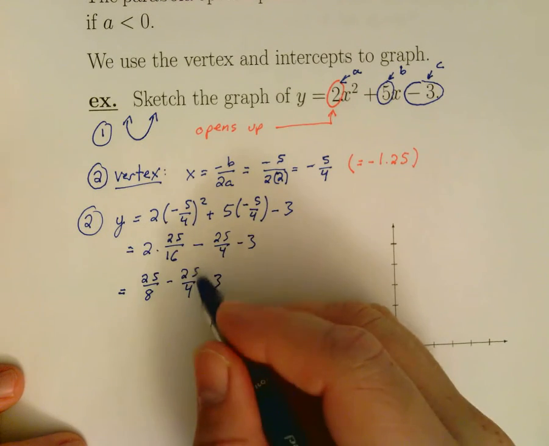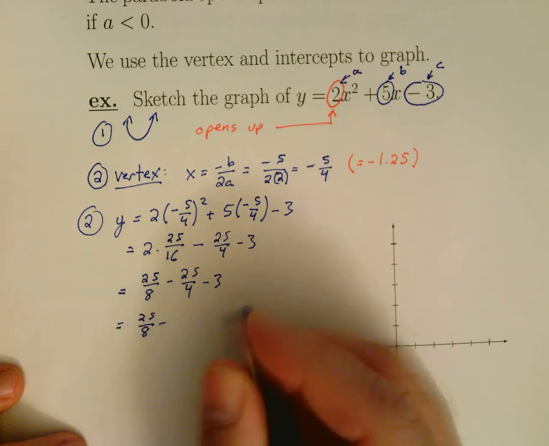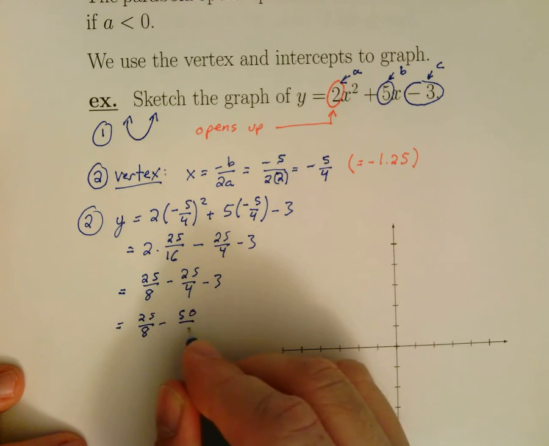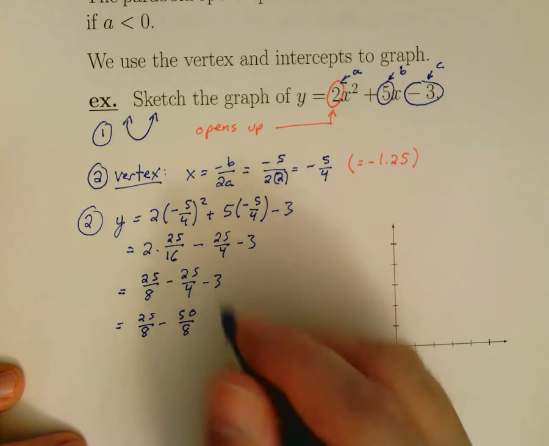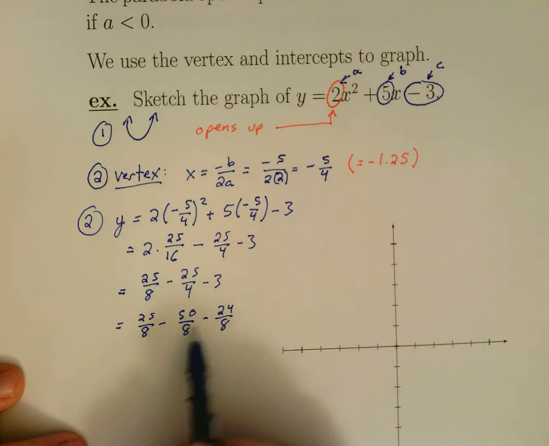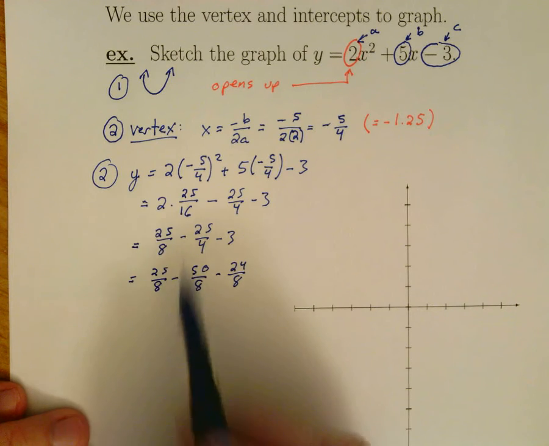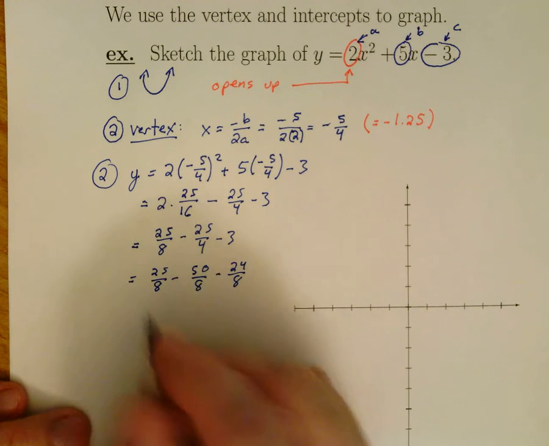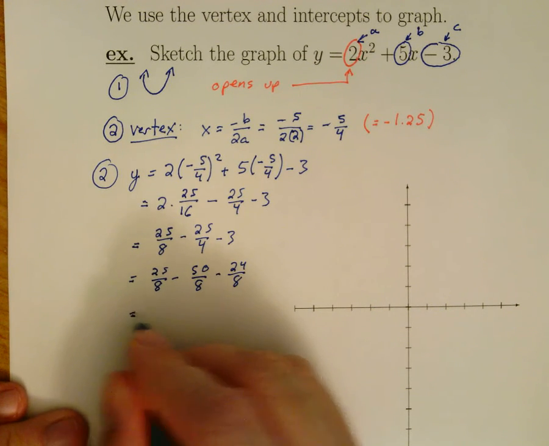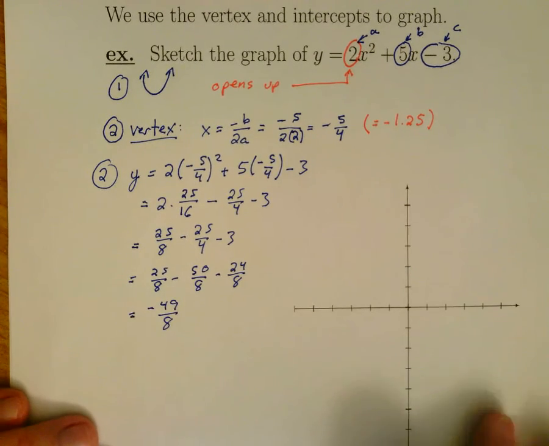If I multiply the top and the bottom here by 2, I get 25 over 8 minus 50 over 8, and then here I need an 8, so that's going to be minus 24 over 8. So I have 25 minus 50 minus 24, that's going to be negative 49 over 8.